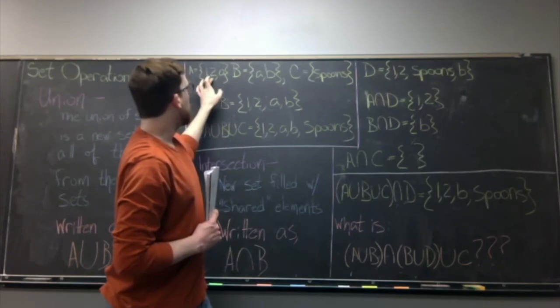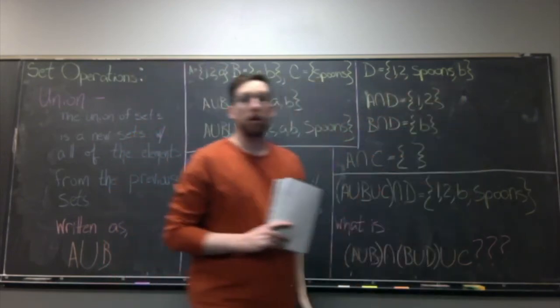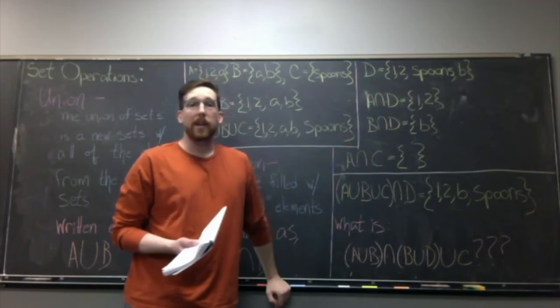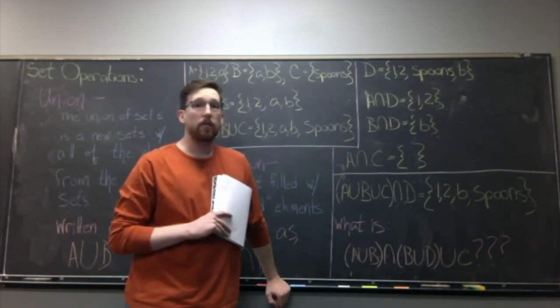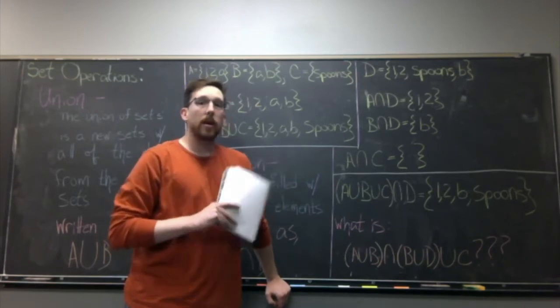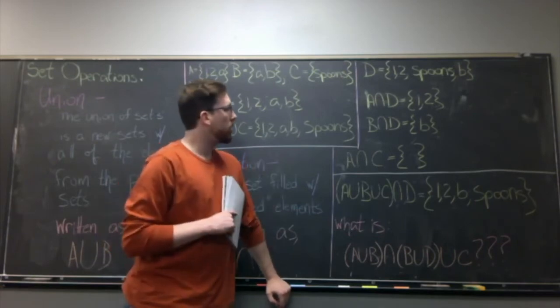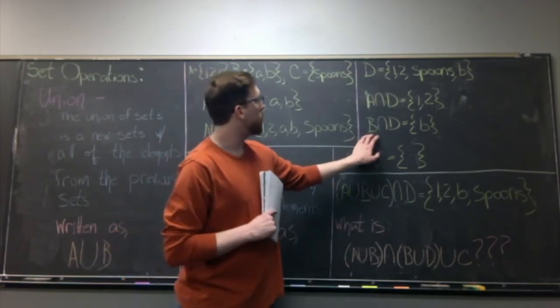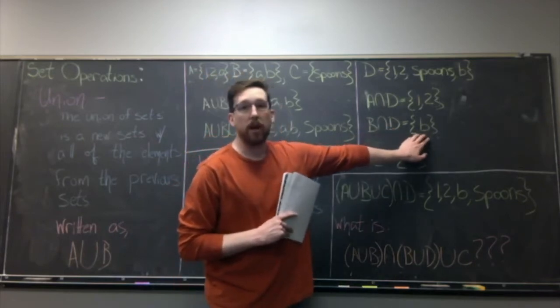Well, A has 1, 2, and a. D has 1, 2, spoons, and b. So the only shared elements that they have are 1 and 2. So our new set, formed by the intersection of A and D, is going to be the set with the elements 1 and 2. Similarly, the intersection between B and D is going to be the set with the element lowercase b.